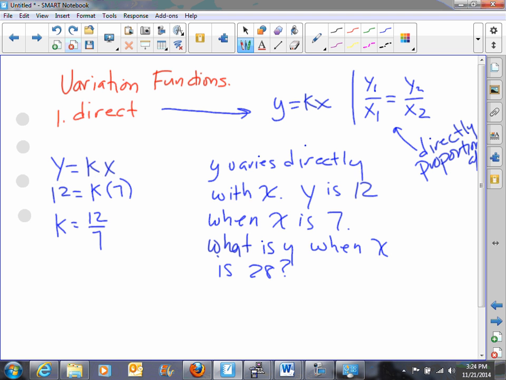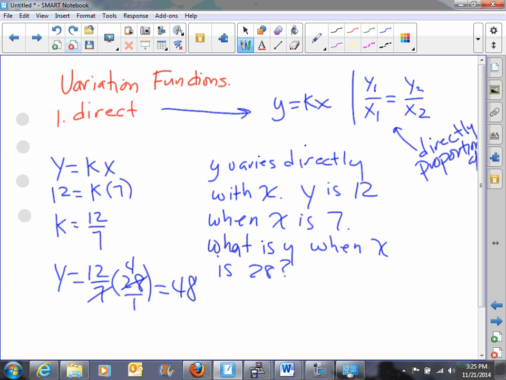Now we want to know what is y when x is 28? So we'll put y equals 12 sevenths times 28. If we multiply, think of this as 28 over 1, the 7s will cancel out and we get 48. So when x is 28, y is 48.